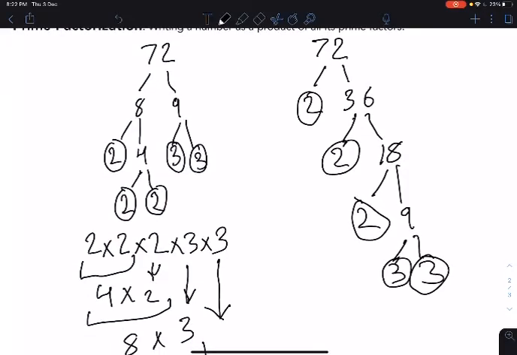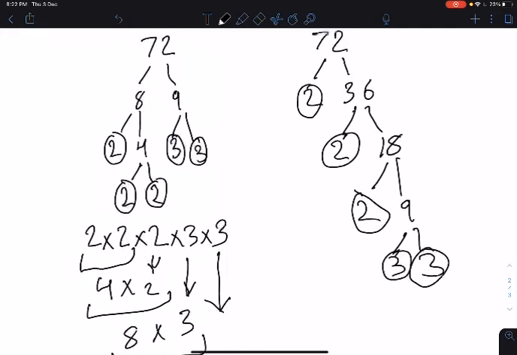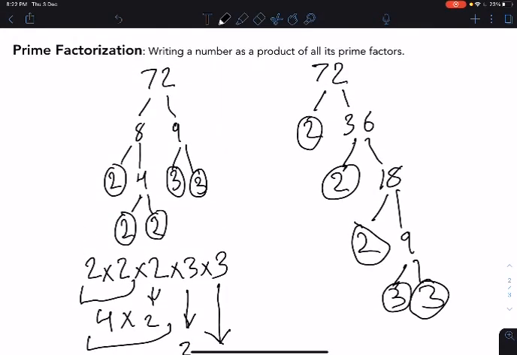As you see here, we got 2 into 2 into 2 into 3 into 3 in both of these, which means both are the same. So we have proved that we can multiply any numbers as long as the product is the number above in that tree.